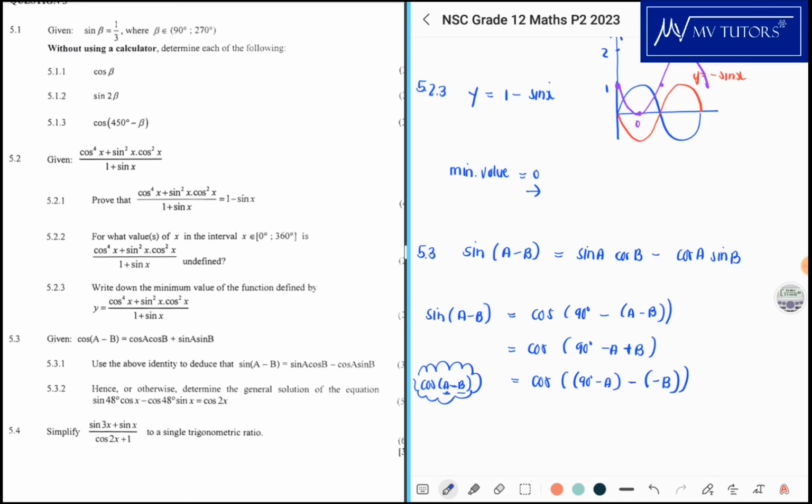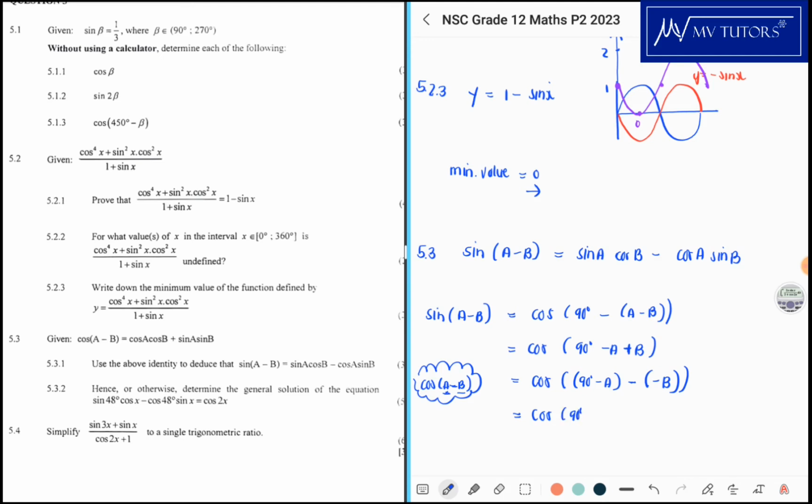All right, and then we can go ahead and simplify further. When you have cos A minus B, it's equal to cos A cos B plus sine A sine B. So that's what we're going to do now. We have cos 90 minus A as one angle, minus minus B. So I'm going to take it as cos cos and sine sine.